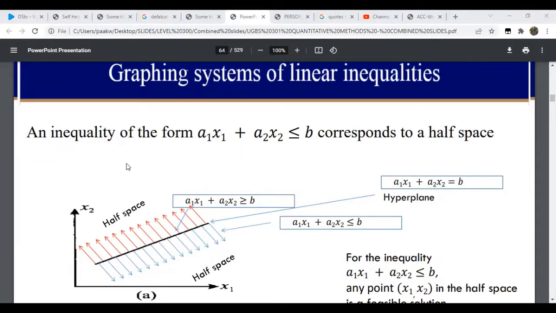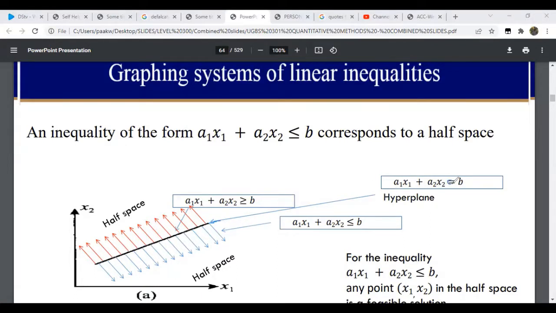So an inequality of the form a1x1 + a2x2 less than or equal to b corresponds to a half space. Now, what do I mean by this? When you are dealing with inequalities, the straight line is where you use the equal sign.